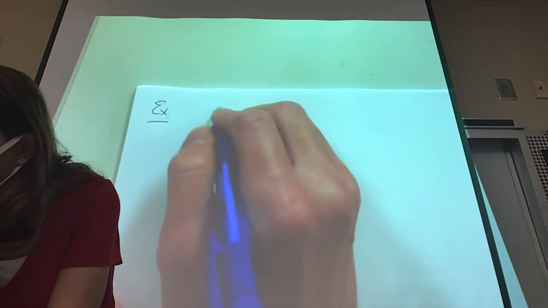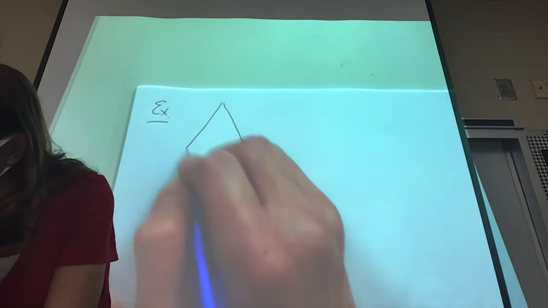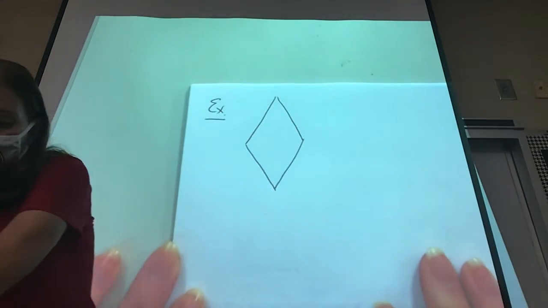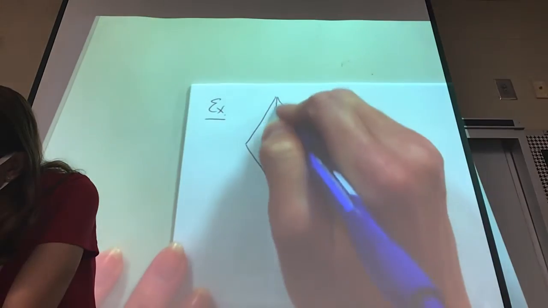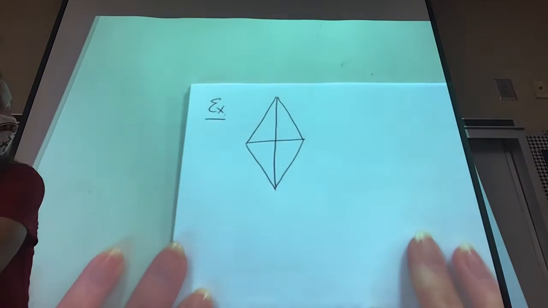So draw one more rhombus, because this one is a little bit different in how I've got to solve it. Go ahead and draw your diagonals, because I'm going to need those.